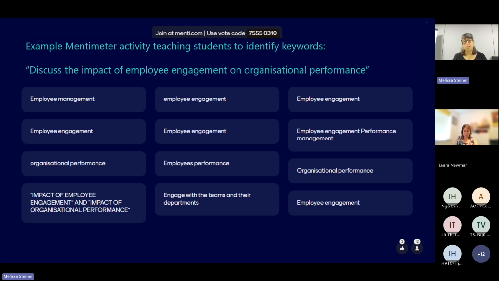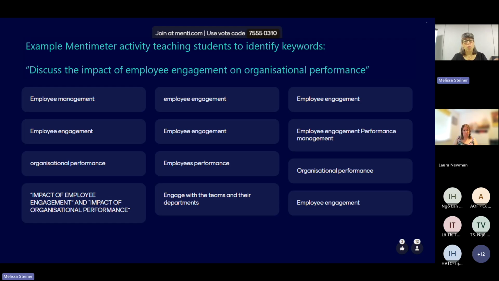And I ask the students, if this was your assignment topic, what do you think the major keywords are in this question, which we could use to search databases to find academic material on the topic? This is a real example that I used in a class.